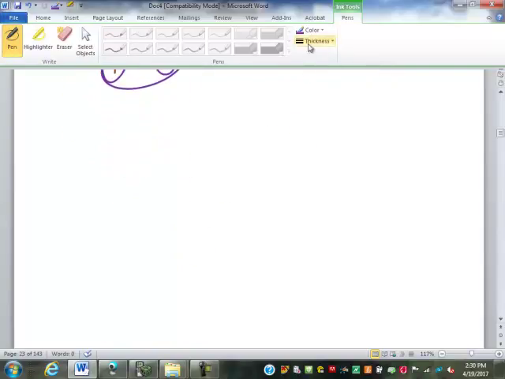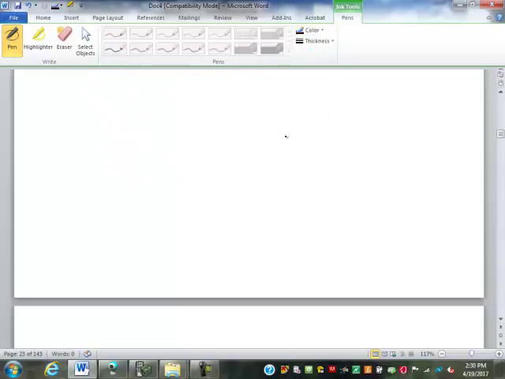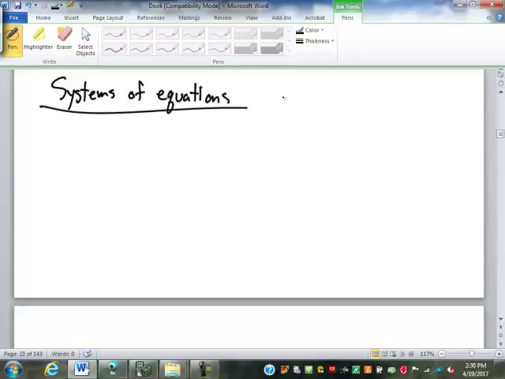So what we're going to start dealing with today now is something called systems of equations. Systems of equations are actually very important in construction because there are a lot of things where we have intersecting roof lines and stuff like that where these systems of equations are going to help us figure them out.